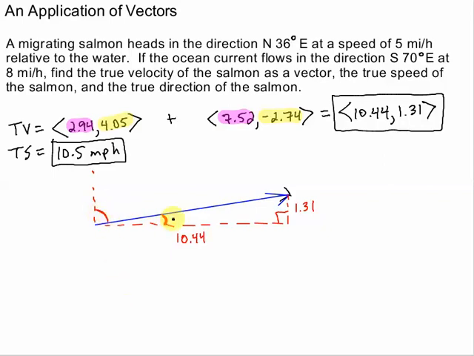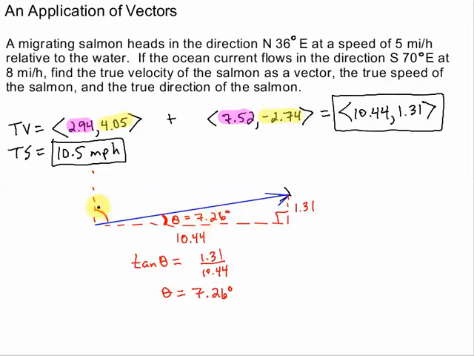Okay? So let's call this angle theta. The tangent of theta would be opposite over adjacent. If you take the inverse tangent of both sides, the inverse tangent of this number is approximately 7.26 degrees. So that's this angle inside the right triangle here.